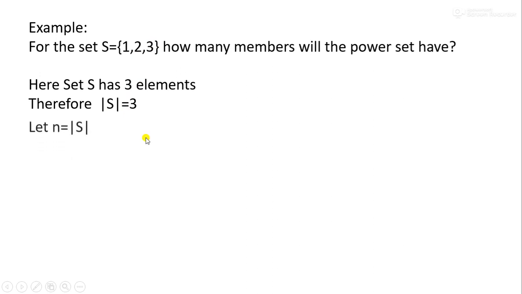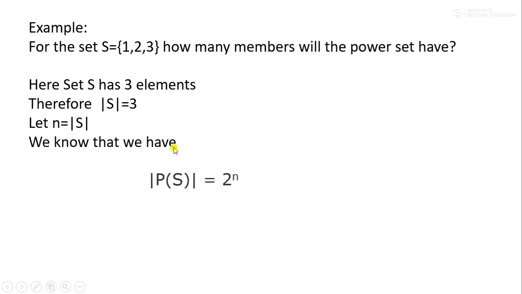Now we need to assign n equals the cardinality of the set. So we are assigning n equals 3. We know that we have this formula to calculate the total number of elements in the power set. So we have 2 to the power 3, where n equals 3, the total number of elements of a set.